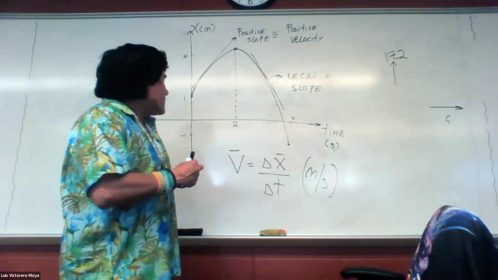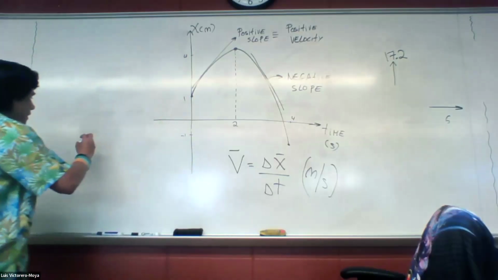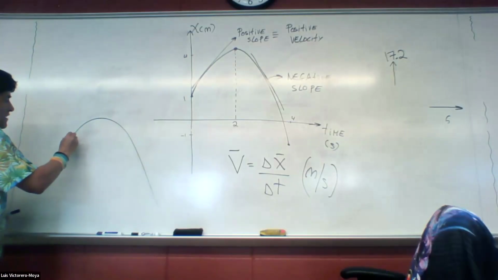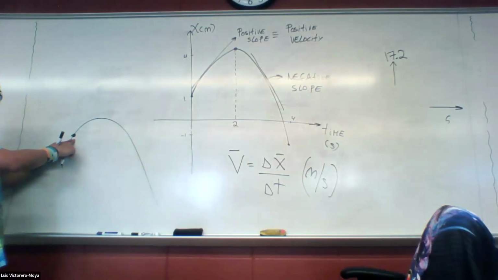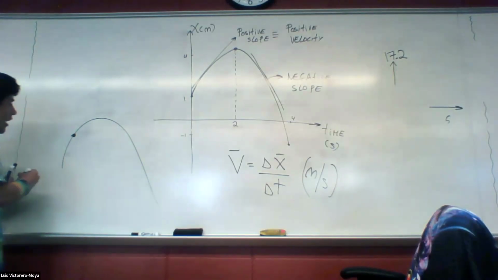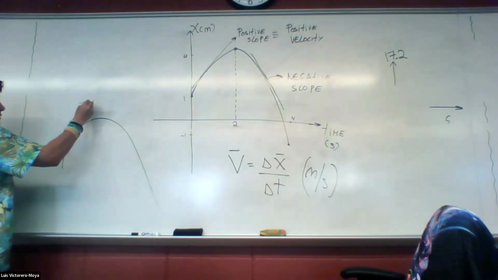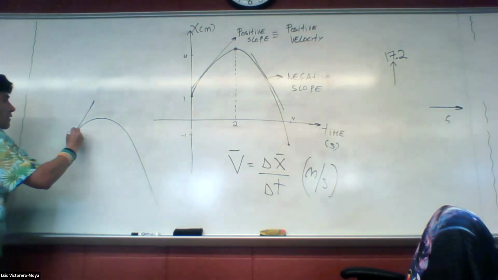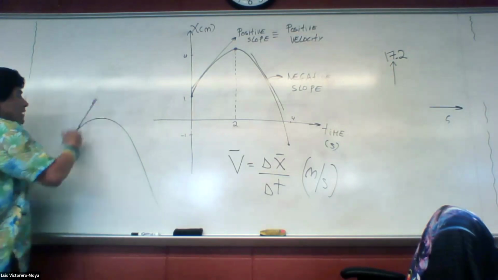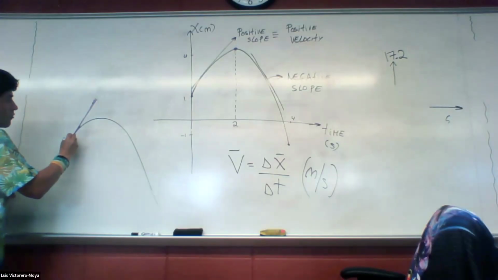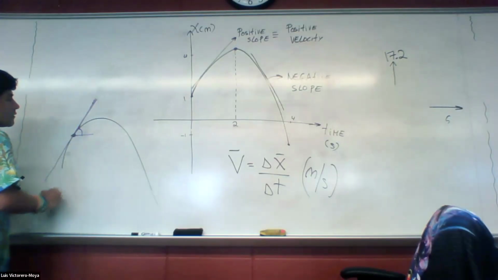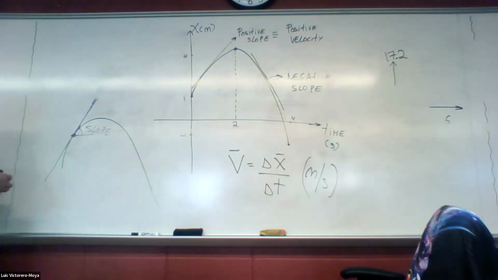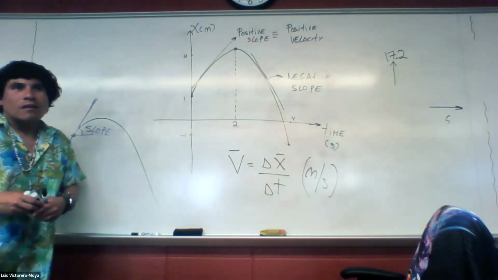And for that, for example, if you want the instantaneous velocity at this point, you draw a tangent. The slope of this tangent, that will be the instantaneous velocity.